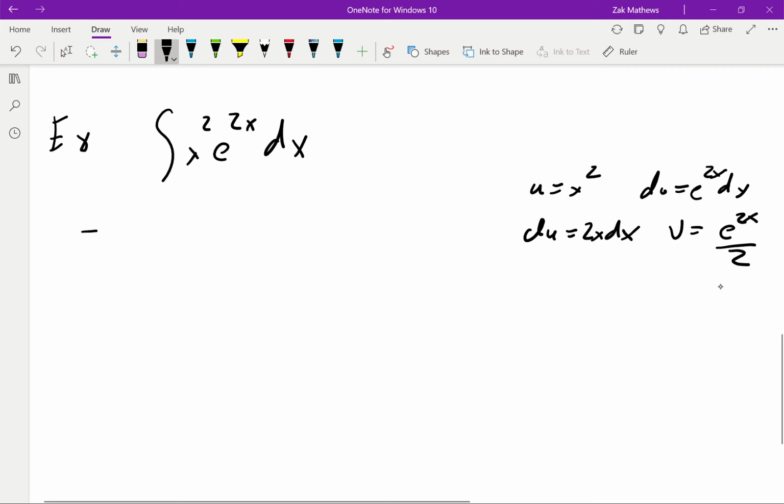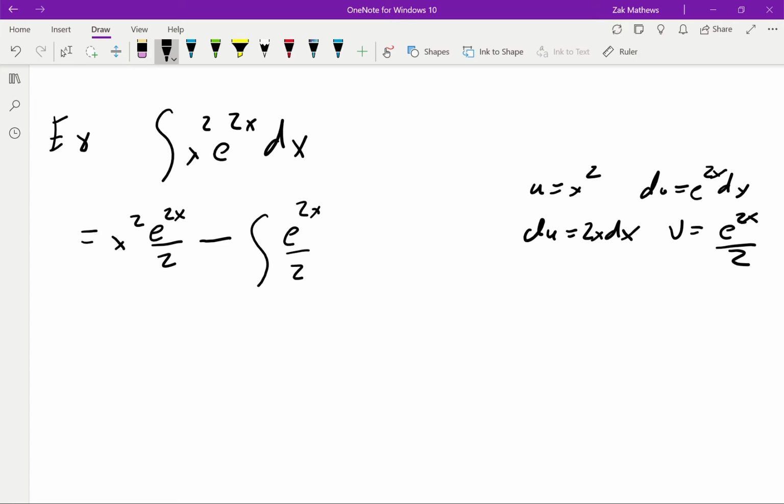So now we can express this integral as the u, x squared, times the v, e to the 2x over 2, minus, and now we're going to have the integral of our v, e to the 2x over 2, times our du, which is 2x dx.